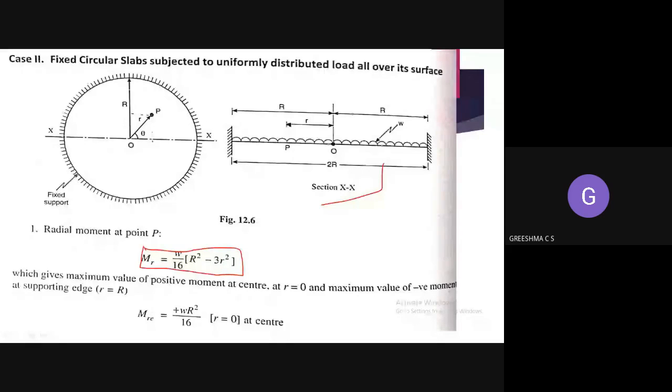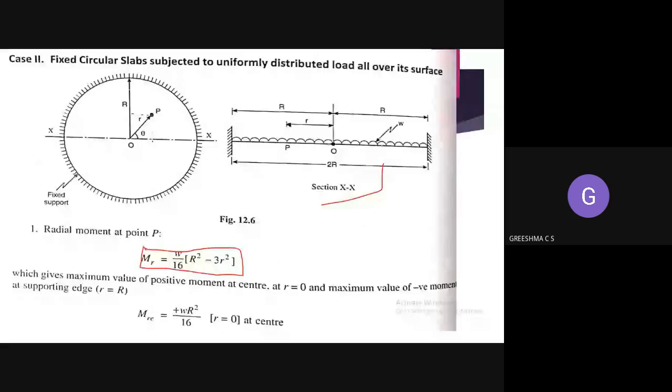Okay, now we will have the maximum moment. Similarly, here also we can say that the maximum moment will occur at the center.